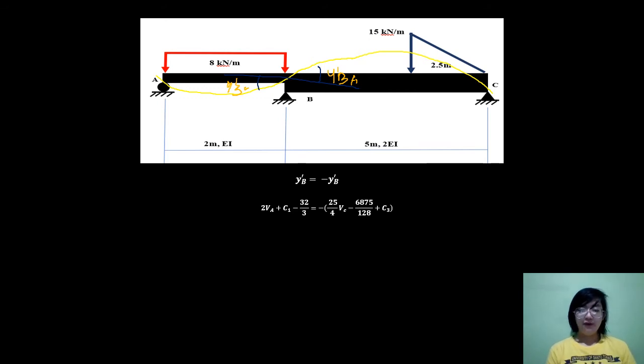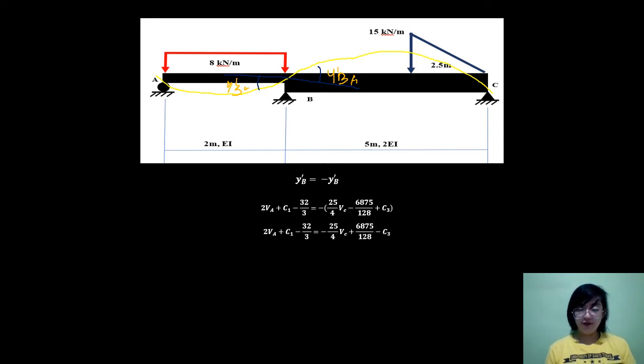We will have 2VA plus C1 minus 32 over 3 is equal to the quantity negative 25 over 4 VC minus 6875 over 28 plus C3. We got this from the boundary conditions that we formulated earlier in segment AB and segment BC. We just equated them since we saw in the elastic curve that the slope is the same.